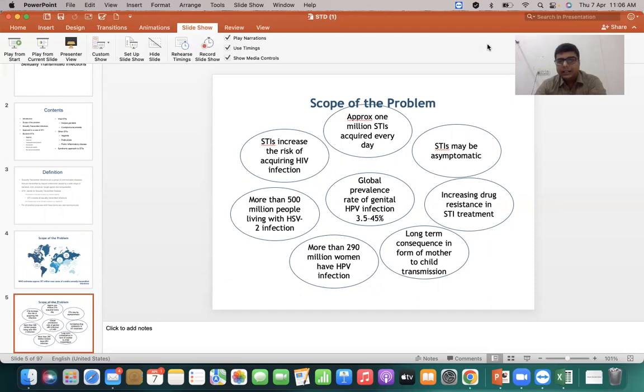Many STIs are asymptomatic, and there is increasing drug resistance in STI treatment. There are long-term consequences in the form of mother-to-child transmission. More than 290 million women have HPV infections. As we all know, STI increases the risk of acquiring HIV infection. More than 500 million people are living with herpes simplex virus type 2 infections.